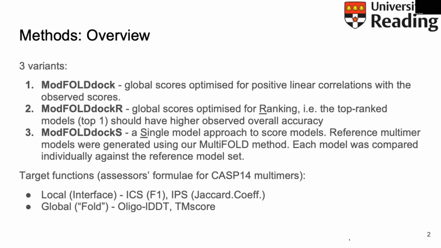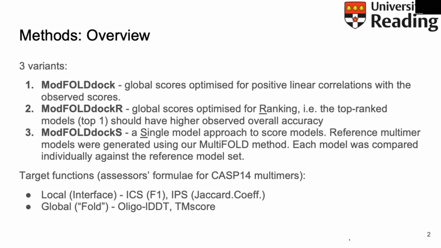Secondly, we've got ModFOLDdock-R, and these global scores were optimized for ranking, so the top ranked models should have higher overall accuracy in terms of observed score. And then finally, we've got ModFOLDdock-S, which is a quasi-single model approach to score models. In this version, sets of reference models were first generated using our MultiFOLD method, and then each model was compared individually against the reference model set.